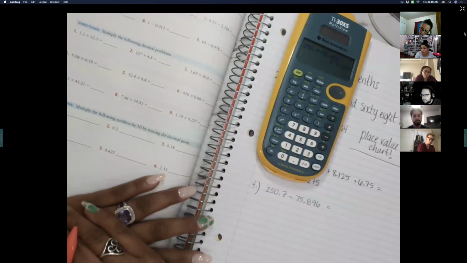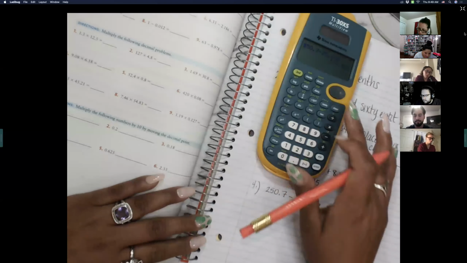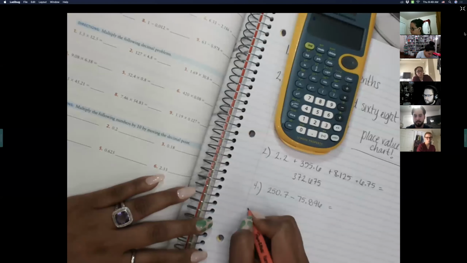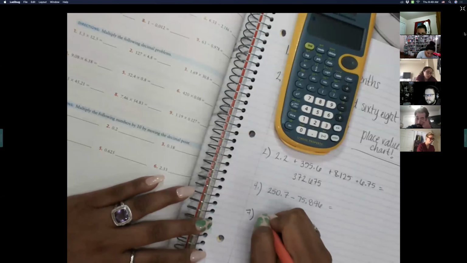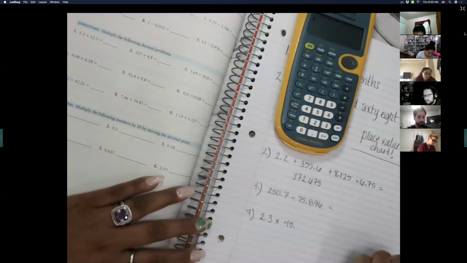So chapter 2, once you get your book, should be fairly easy to knock out. Okay, now let's go to the next section of this chapter. Let's do number 7. It's asking us to multiply 2.3 times 45.21.